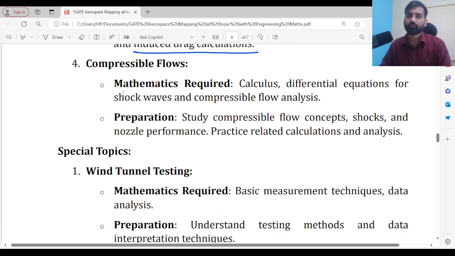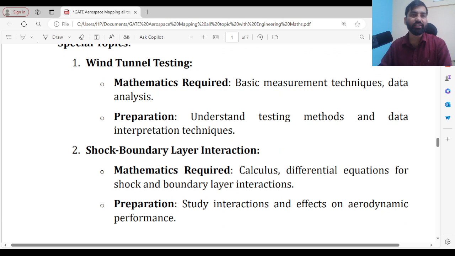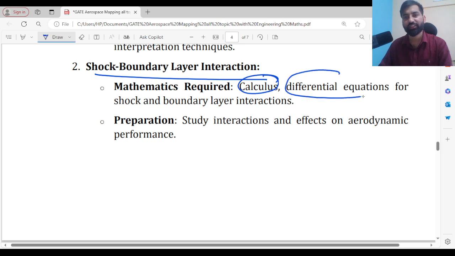And in compressible flows, you see calculus and differential equations, right? All these things are required. Understand? Special topics like wind tunnel testing: basic measurement techniques, data analysis. And shock boundary layer interaction. So here you need calculus and differential equations.